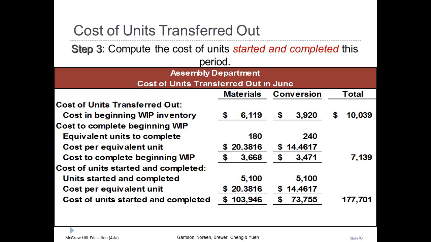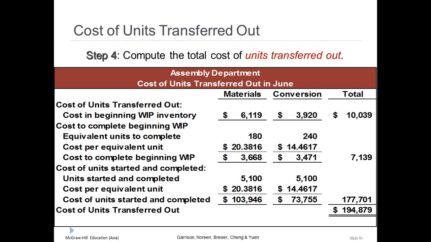The third step is to compute the cost of units started and completed during this period. So 103,946 for materials, 73,755 for conversion, giving us 177,701 in total. So the final computation is to compute the total cost of units transferred out, 194,879.